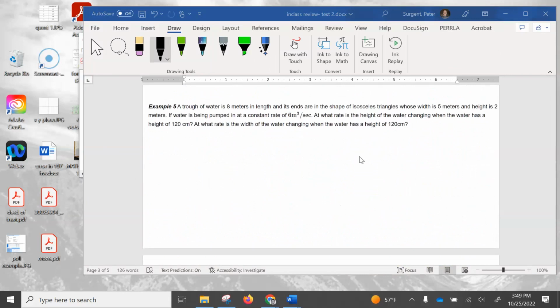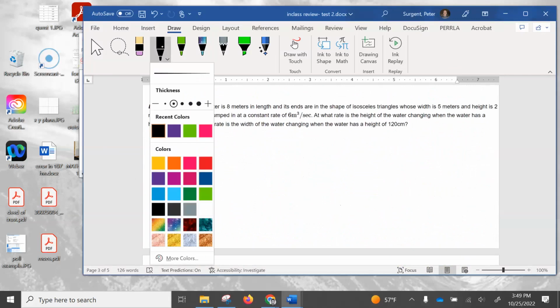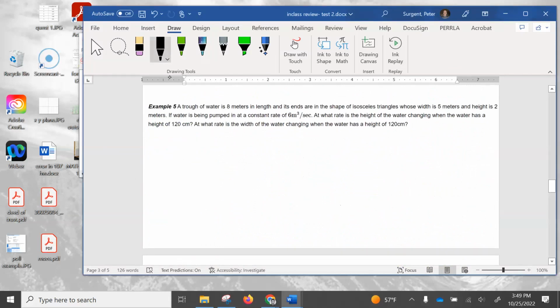This one is probably towards, especially if I don't give you the picture, a little challenging. So let me give you the picture here. Trough of water is 8 meters. Okay, so it's a trough whose front and back is an isosceles triangle, right?